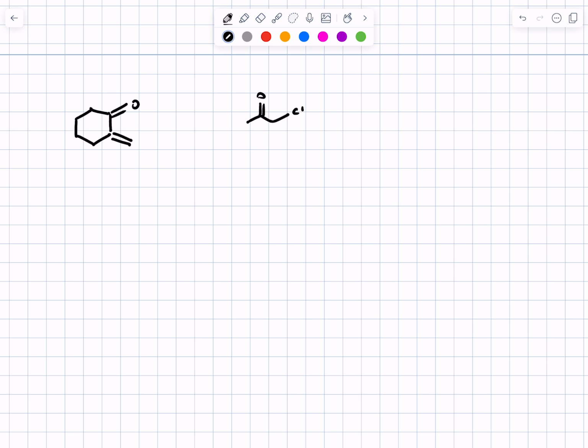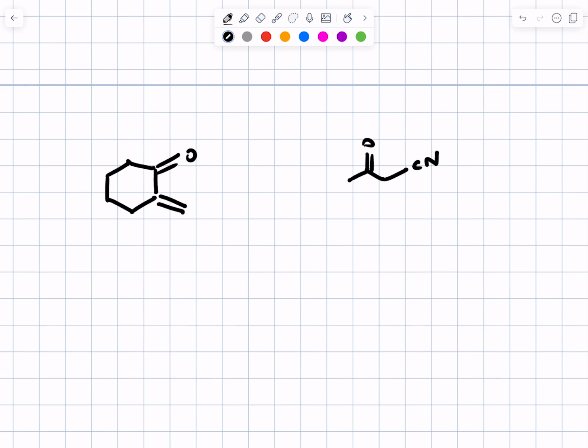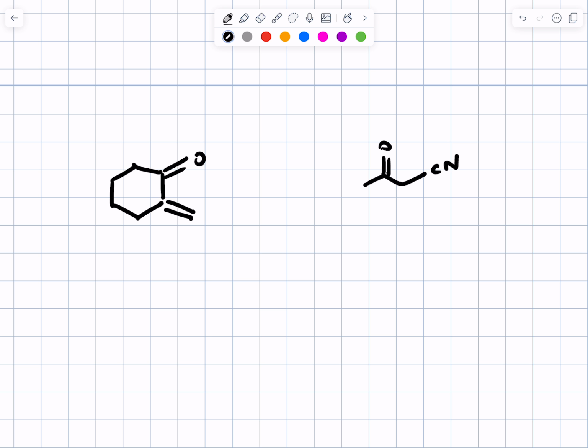First, remember that in the Michael reaction, the electrophile is an alpha-beta unsaturated carbonyl compound. So, if one of your starting materials is the alpha-beta unsaturated carbonyl compound, that's a good indicator that this is perhaps a Michael reaction. And indeed, we have one of those. Here is the alpha carbon, here is the beta carbon, there's the pi bond between the two.